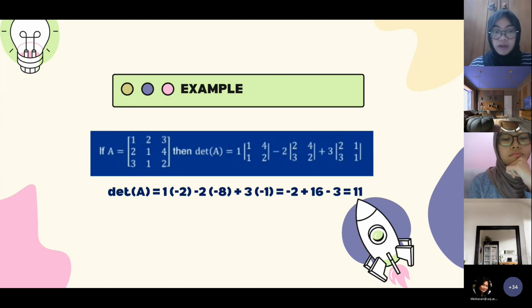For example, if A has the elements like this, then the determinant of matrix A is 1 multiplied by -2, multiplied by -8, plus 3 multiplied by -1, which is equal to -2 plus 16 minus 3, which is equal to 11.